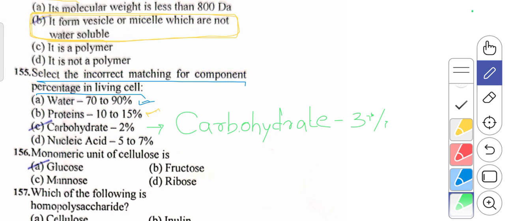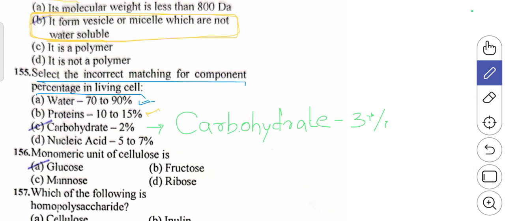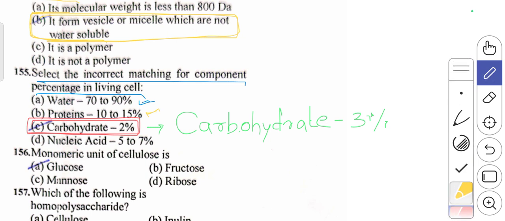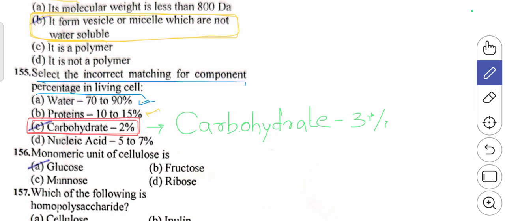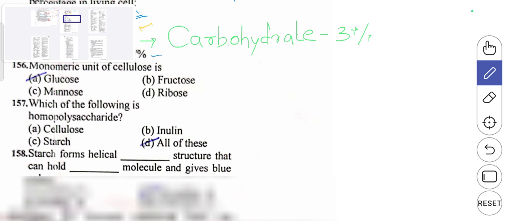So in this option they have mentioned 2%, so this will be considered the incorrect matching. Then the next one they have given is nucleic acid, which is 5 to 7%. It is right. So for this question, the incorrect matching is carbohydrate 2%.